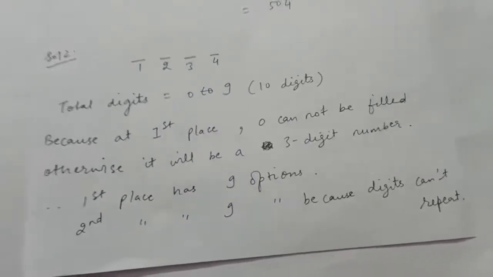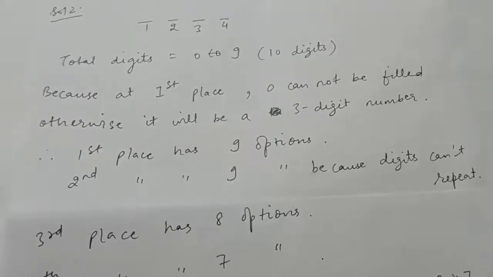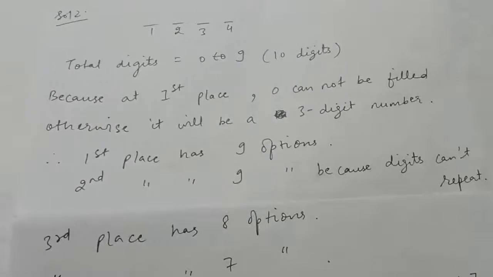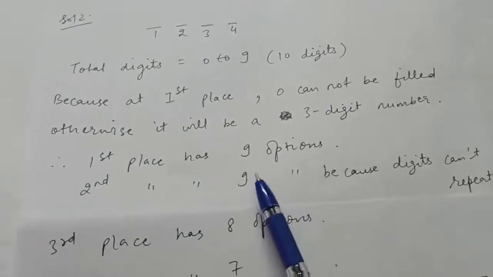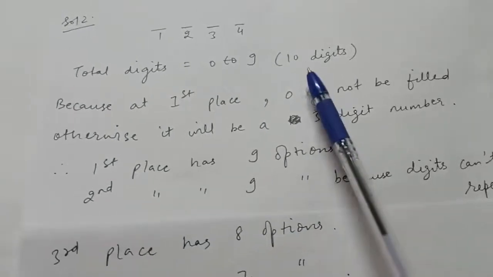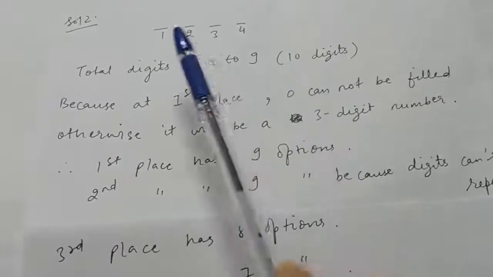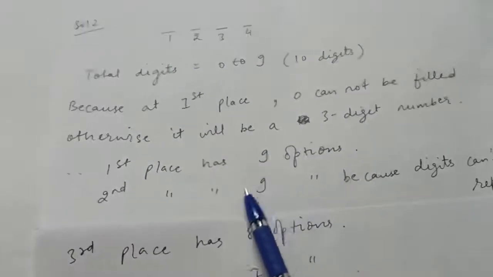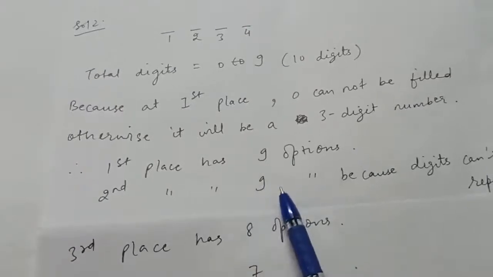therefore for the first place we have 9 options. Now because digits cannot be repeated, for the second place also we have 9 options. Why? Because in total we have 10 options and one option has been used here, right? Therefore for the second place we now have 9 options.